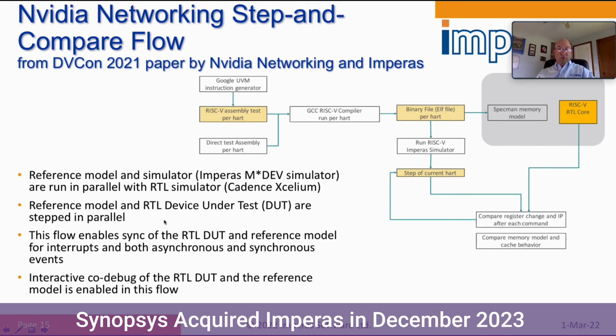Everything is stepped in parallel, enables both asynchronous and synchronous events. And actually, one of the interesting features here is that there's an interactive co-debug capability, so that using the Imperas debug environment and the Cadence debug environment together, you can synchronously stop the two simulations, the reference model and the RTL, and that makes for a very powerful debug environment.